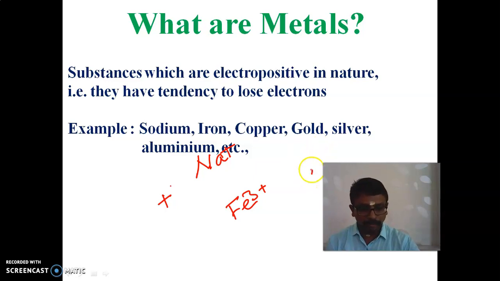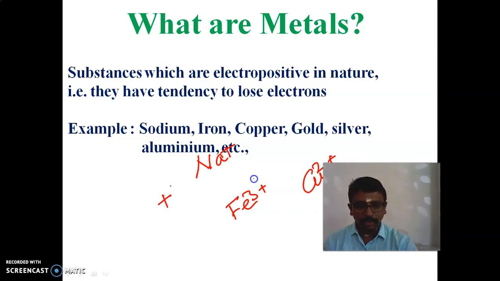And copper, Cu. The valency for copper is 2+, so it will lose 2 electrons. The metals that have electropositive character have the tendency to lose electrons.